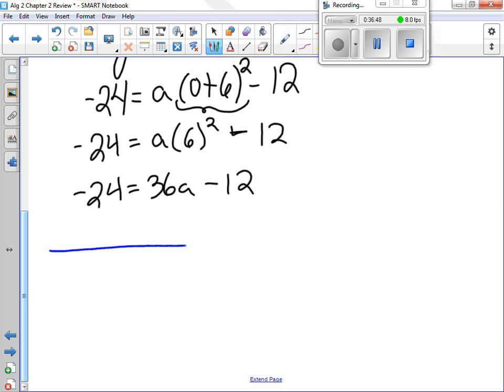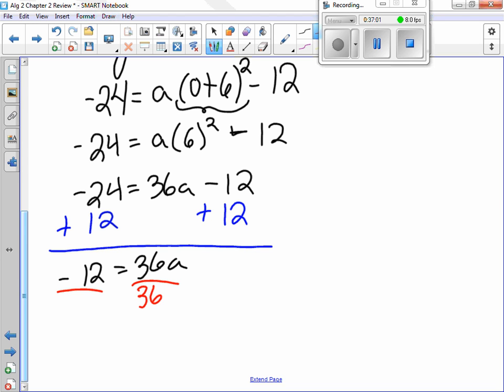Now to get a by itself, I'm going to add 12 to both sides, which gives me negative 12 equals 36a. And at this point, I'm going to divide both sides by 36 and get that negative 1/3 is equal to a.